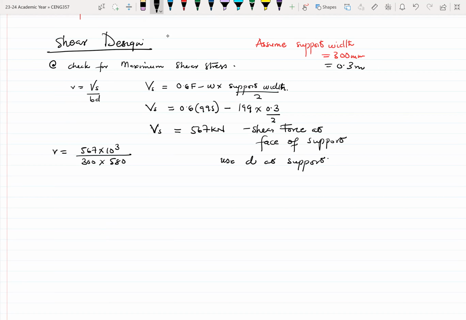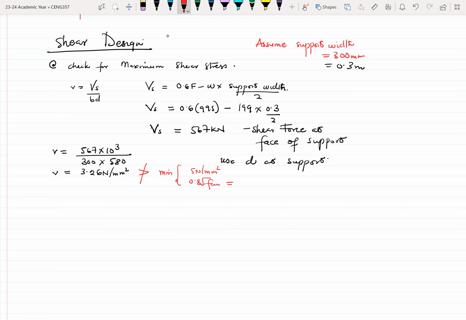So use the D closer to the support. So our shear stress here would be 3.26 newtons per millimeter squared. Okay. And this should not be more than the lesser of either 5 newtons per millimeter squared or 0.8 square root of FCU.